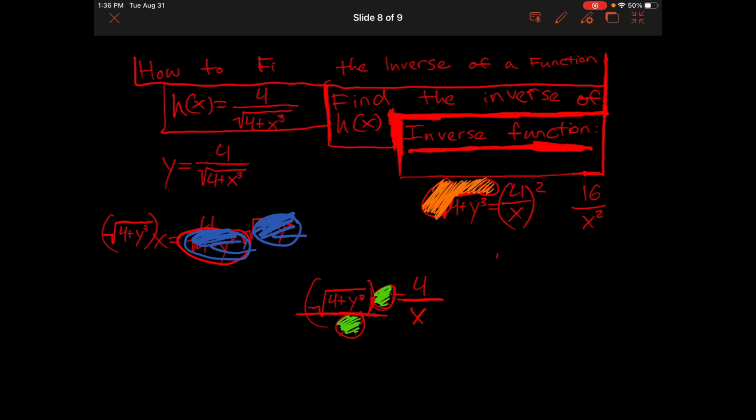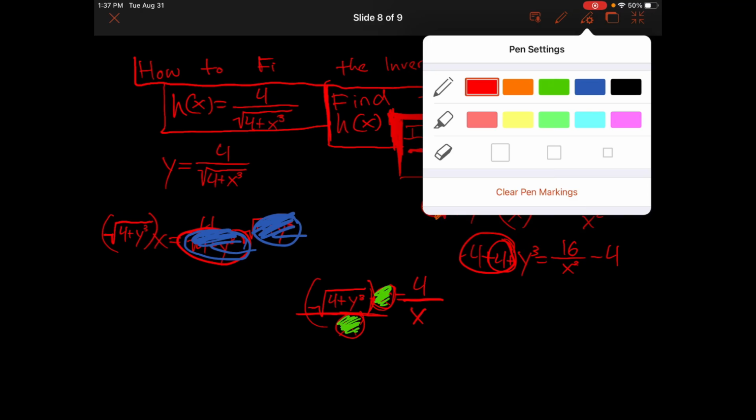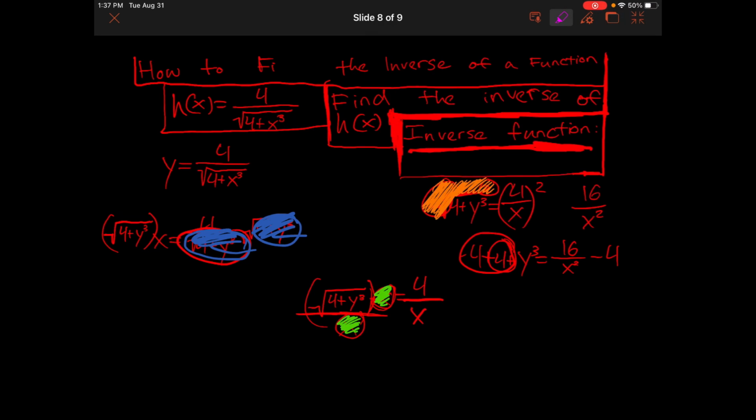So now we have 4 plus y cubed equals 16 over x squared. Now we want to get rid of this 4, so we're going to subtract 4 from both sides. And this minus 4 and this plus 4 cancel each other out. Now we're left with y cubed equals 16 divided by x squared minus 4.